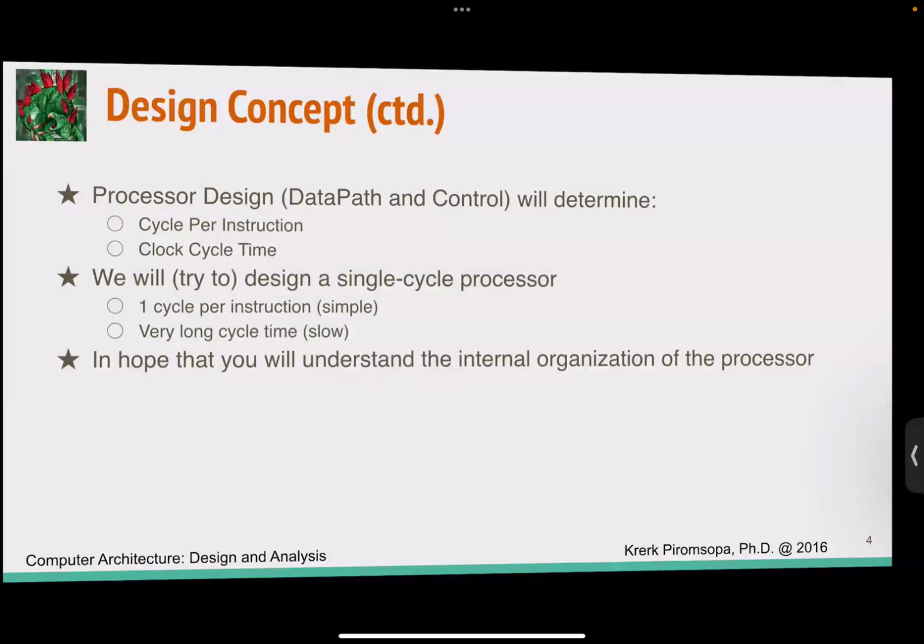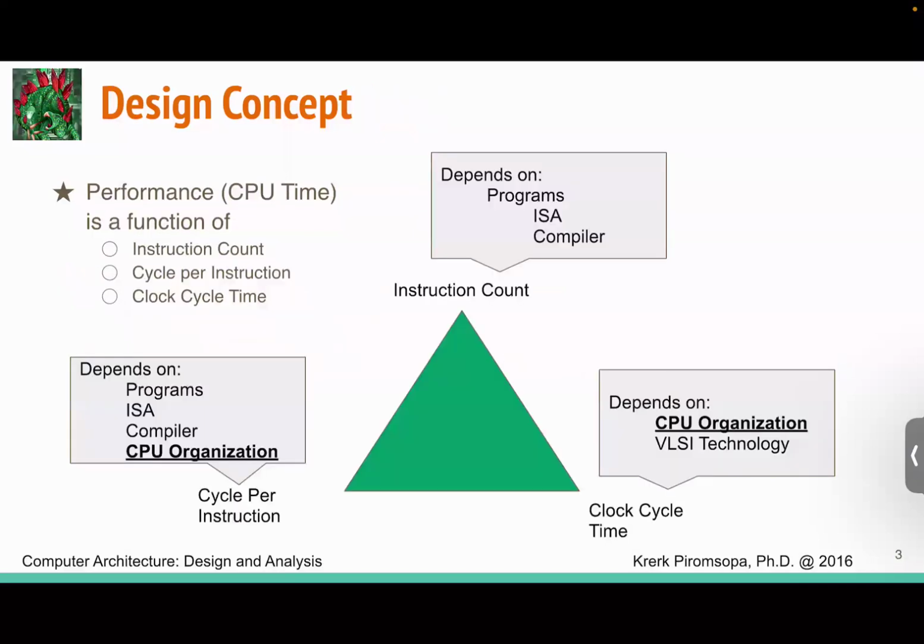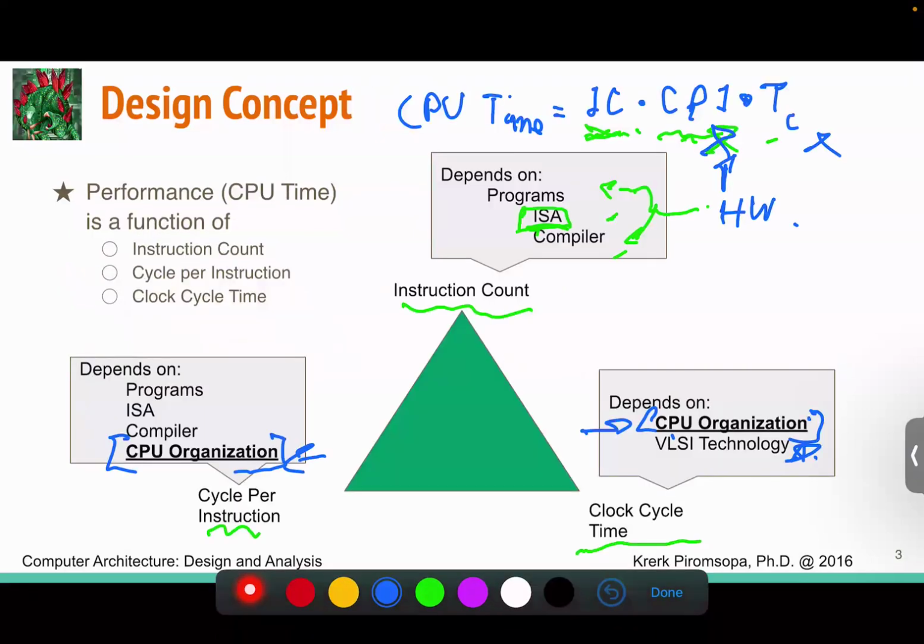So we're gonna start with a simple processor. In this case, our processor for today would be like this. We leave this to the software. We're gonna fix this to number 1. That's why we call it a single cycle processor.